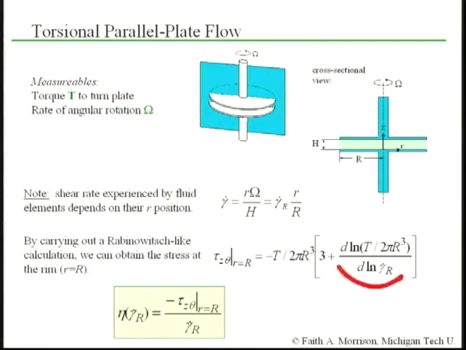So there's again this stress strain rate slope that's needed, plus 3 giving a correction term, and it corrects the torque that is present at the rim to be corrected for the variation in rate throughout the gap, throughout the radius. So steady shear viscosity can be calculated in parallel plate as long as this correction is properly applied.